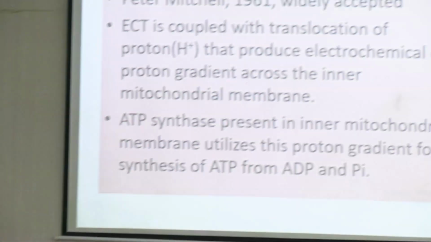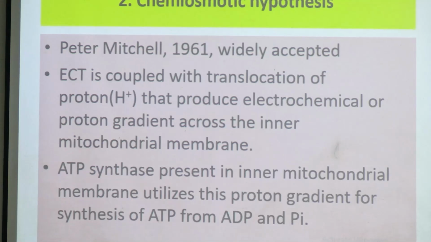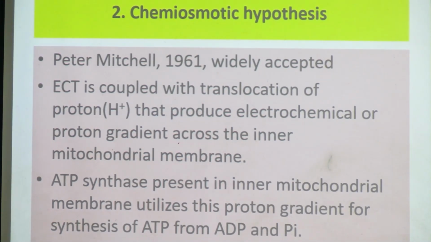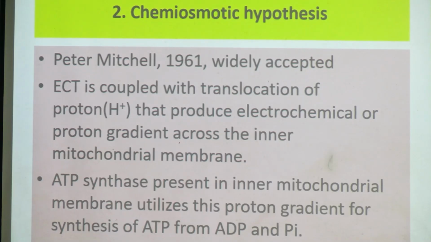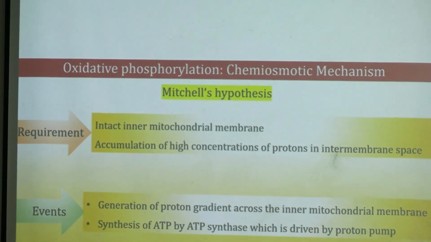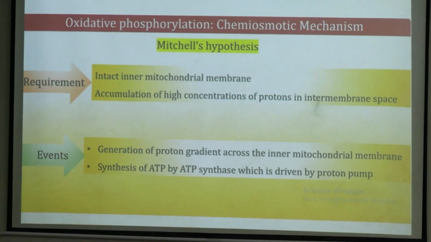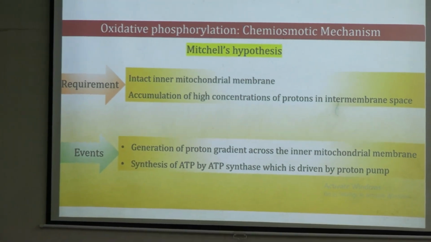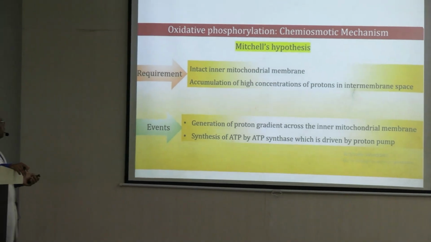ATP synthase present in the inner mitochondrial membrane utilizes this proton gradient for synthesis of ATP from ADP and inorganic phosphate. There are some requirements for synthesis of ATP according to Mitchell's hypothesis.